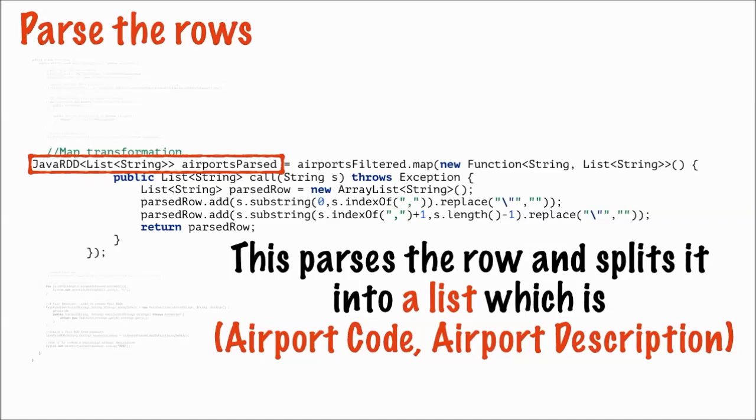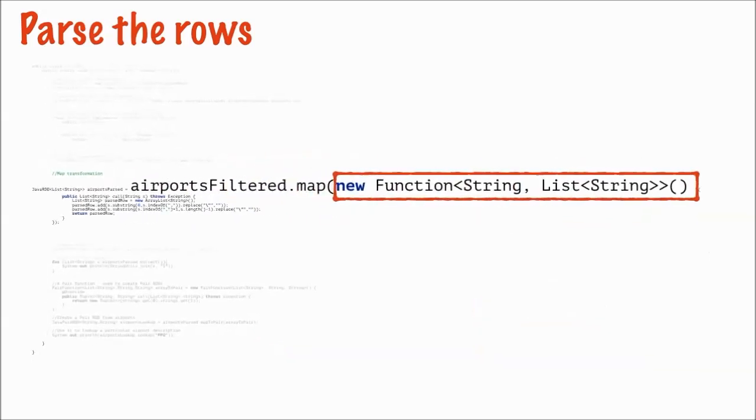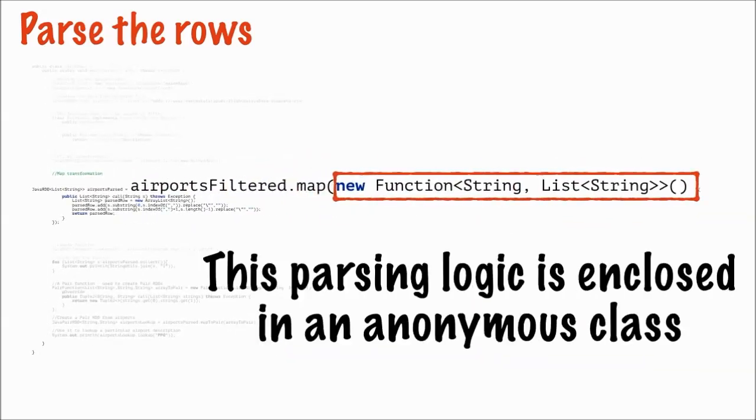Every record is a list with exactly two elements. The first is the airport code and the second the airport description, which is why this Java RDD has a type list of strings.